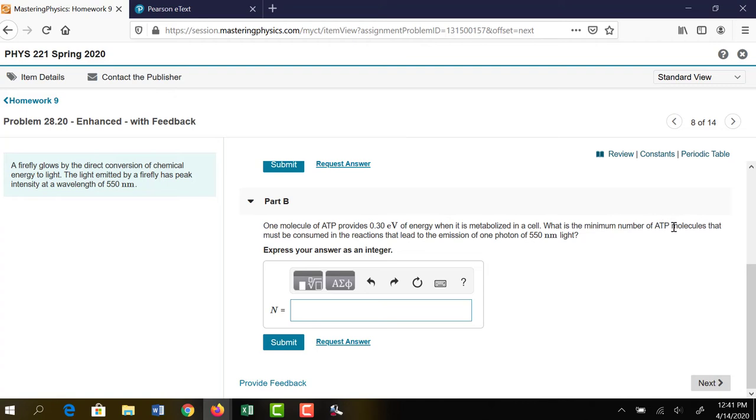What is the minimum number of ATP molecules that must be consumed in the reaction that leads to the emission of 1 550 nanometer photon of light? So figure out the total energy in the 1 550 nanometer photon, and then you know 1 ATP will provide 0.3 eV of that. How many ATP molecules do you need in total to add up to the total energy from part A? Okay, very good.